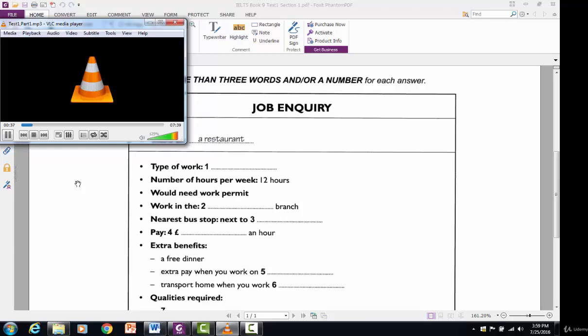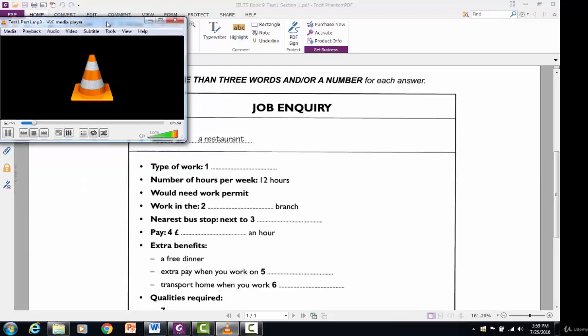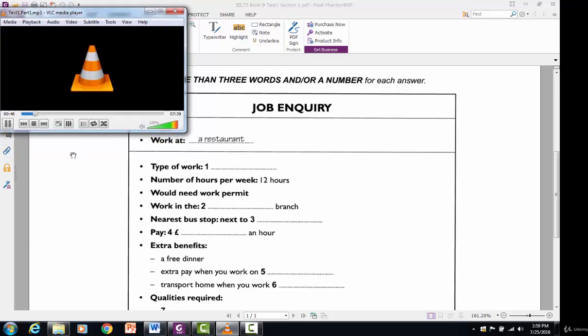All the recordings will be played once only. The test is in 4 sections. At the end of the test, you will be given 10 minutes to transfer your answers to an answer sheet. Now turn to Section 1. Section 1. You will hear a man phoning to inquire about a job vacancy. First, you have some time to look at questions 1 to 4.